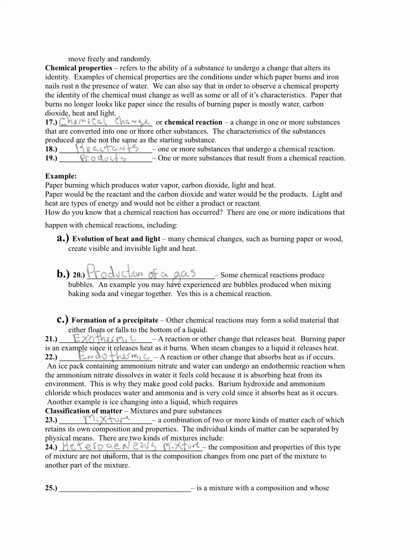Chemical change, number 17, chemical change or chemical reaction. It's a change in one or more substances that are converted into one or more other substances. The characteristics of the substances produced are not the same as the starting substances.